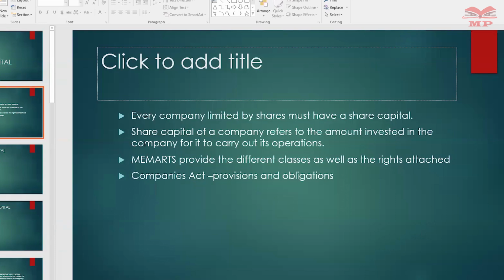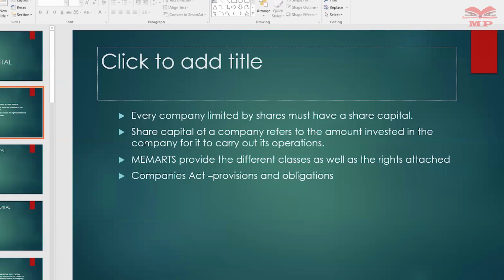The Companies Act, being the guiding law, has provisions and guidelines that we saw as we were doing membership and shares: the obligations of each class of shares, what the company will do, calling you for a meeting. It will also declare dividends.